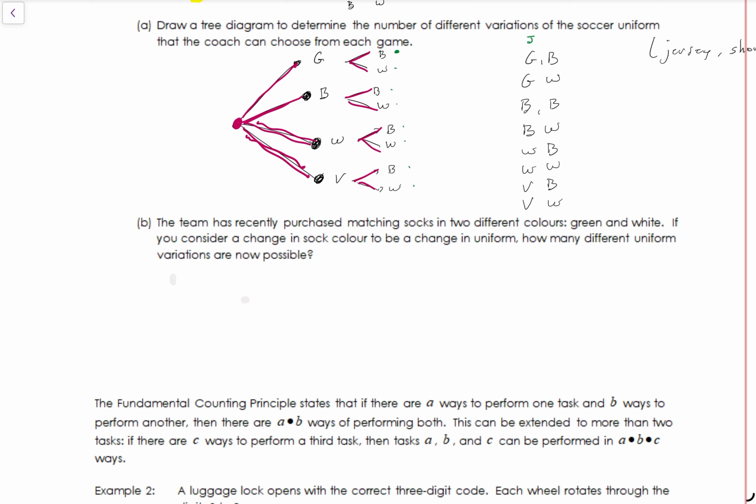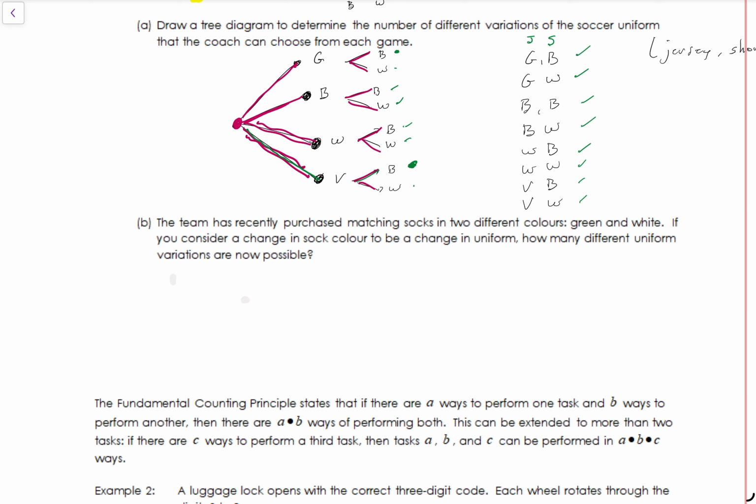So jersey, shorts: green jersey, black shorts, green jersey, white shorts, black jersey, black shorts, black jersey, white shorts, white jersey, black shorts. And you just continue going down each one. So for instance, this one represents vertical striped, black shorts. So this bullet right over here would match up with that.